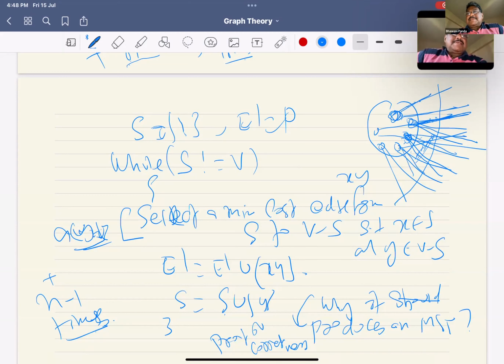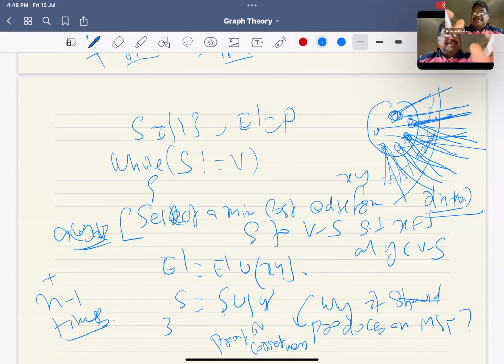So like this, if I have to scan through the adjacency list of all the vertices of S, that may be order of n plus m time, right? How many times do I have to do it? Maybe n times, so you multiply. So the algorithm will be polynomial.